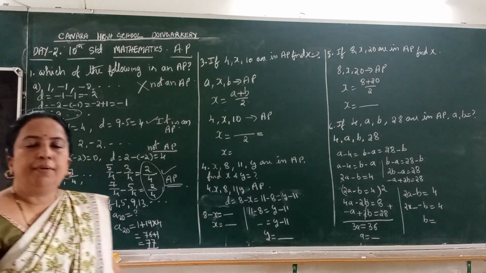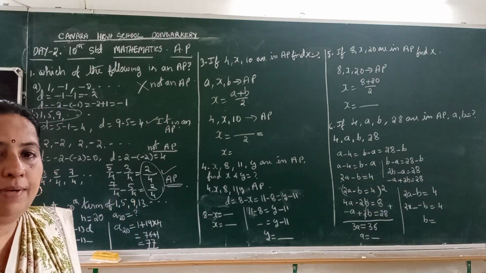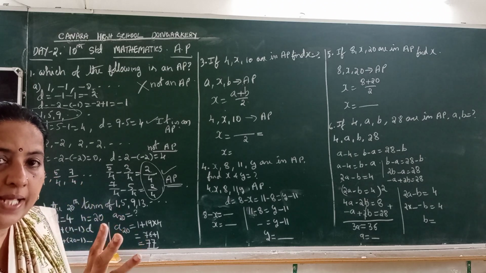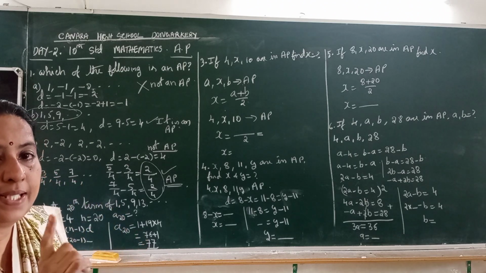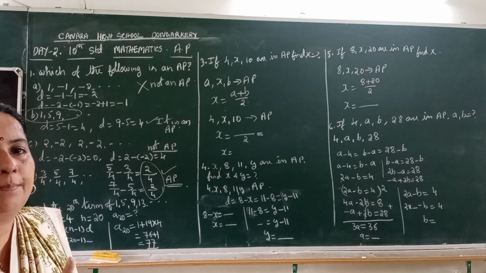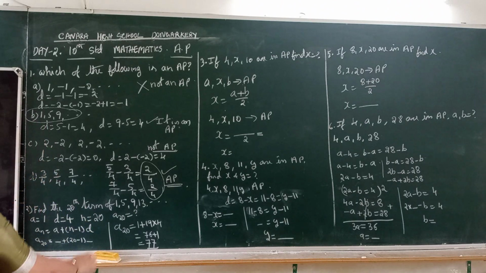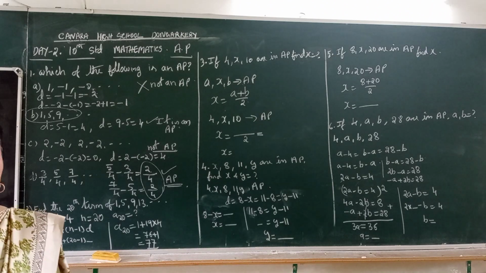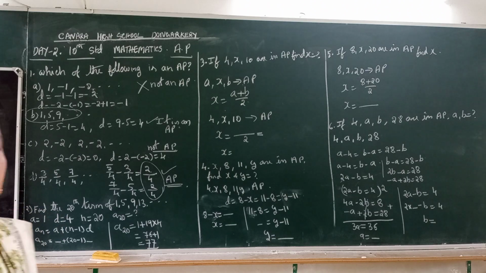How do we write 20th term? a_20. Second term is a_2. Third term is a_3. 10th term is a_10. Nth term is a_n. 20th term is a_20. a_20 is equal to how much? Only one formula we have learnt. Write it. a_n is equal to a plus (n minus 1) into d.